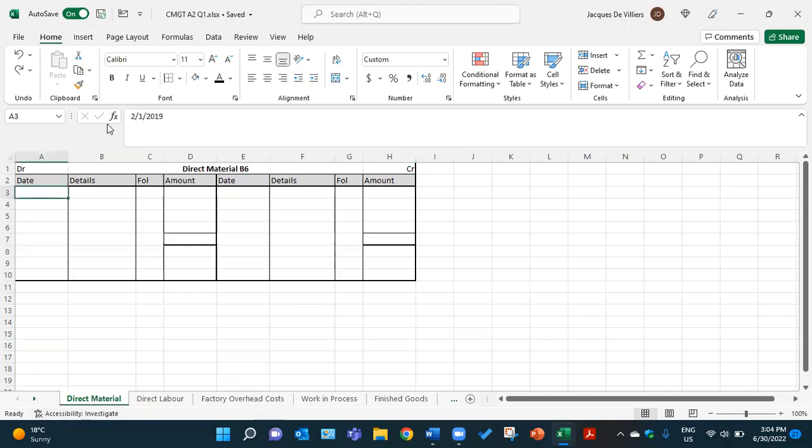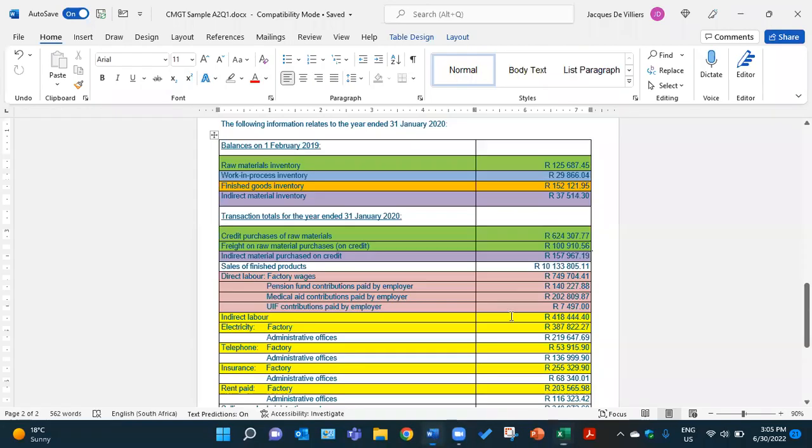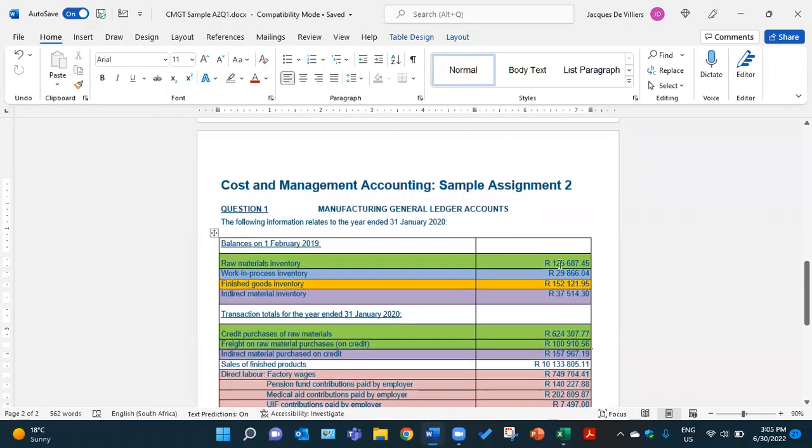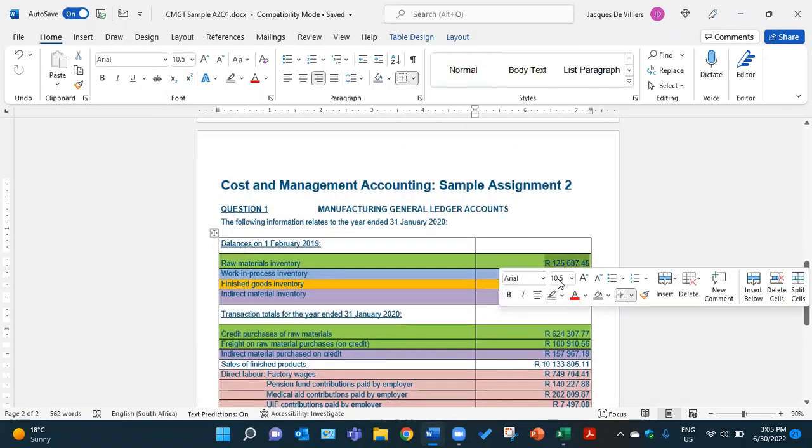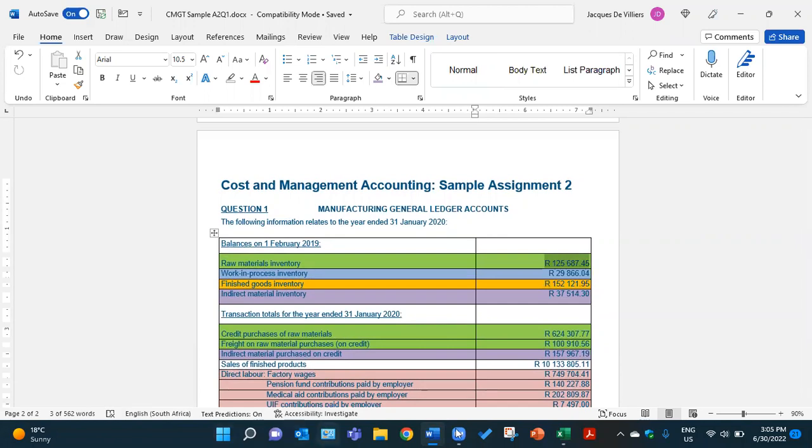So we know that on the first day of our financial year, there was a balance that was brought down, and that balance is given as 125,687.45. And if you don't believe me, that's where it was. That information was given. So we simply record that information.